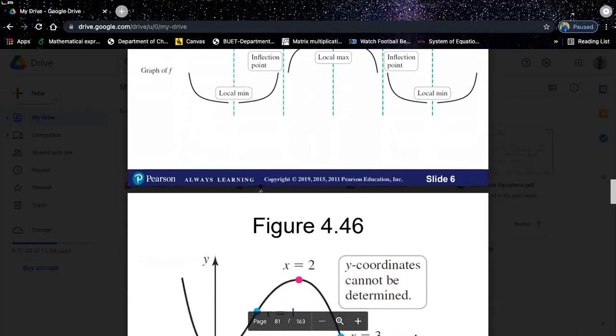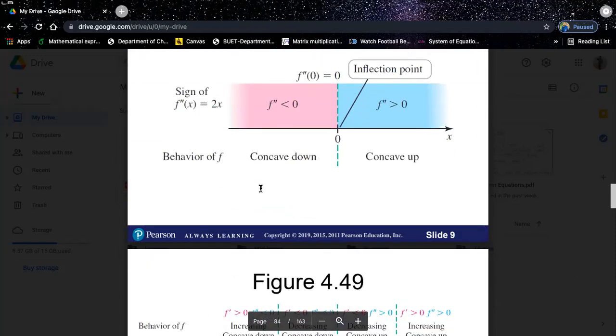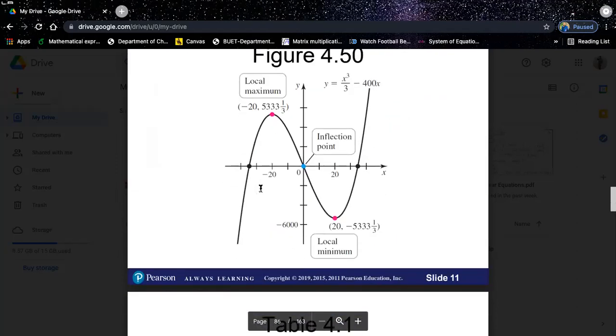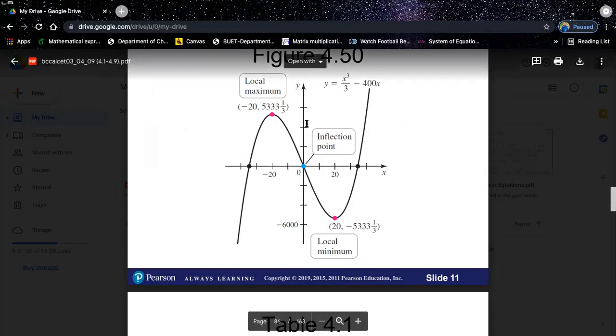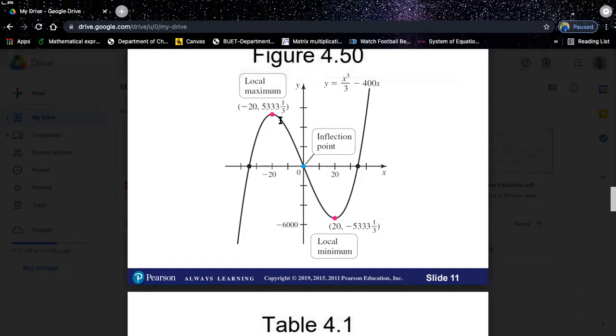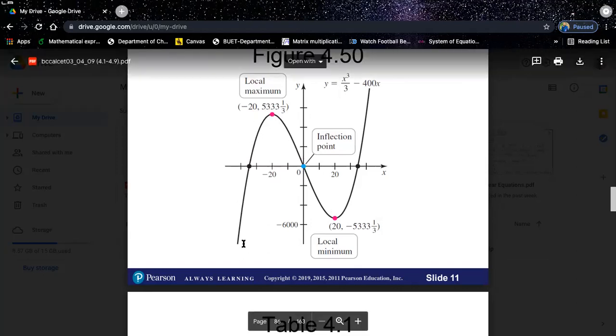For example, I hope I can find one real quick. Yeah, I think this one is a good one. So if you can imagine this line, you can see on our left, the graph is behaving like this, and on our right, the graph is behaving like this. So it's behaving almost the same, but it's not exactly the way it behaved on our left.